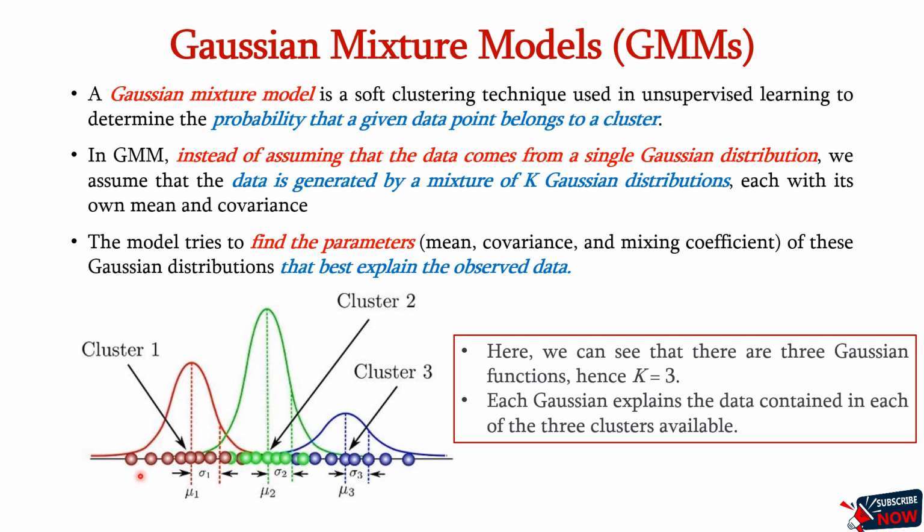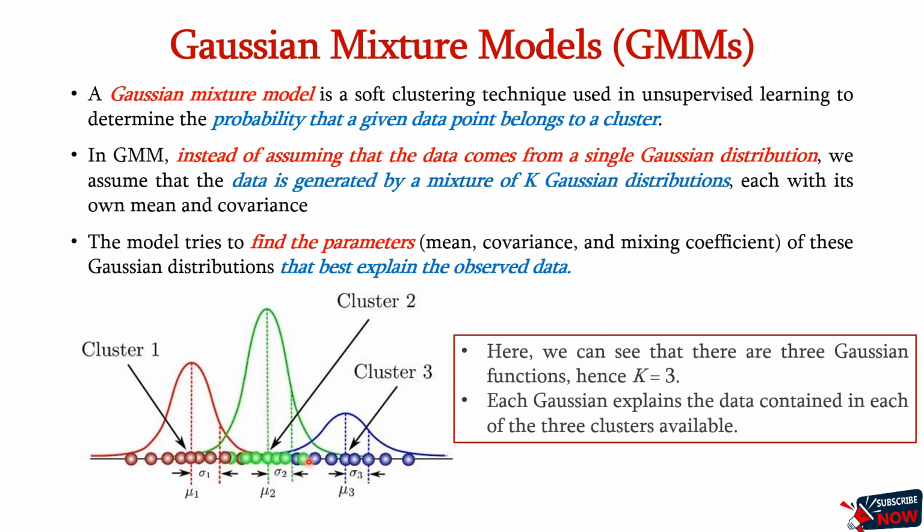So we can say that all the data points belonging to cluster 1 can come under this Gaussian component, cluster 2 under this Gaussian component, and cluster 3 under this particular Gaussian component. But the data points lying in this range can belong either to cluster 1 or cluster 2, because cluster 1's and cluster 2's Gaussian components overlap here.